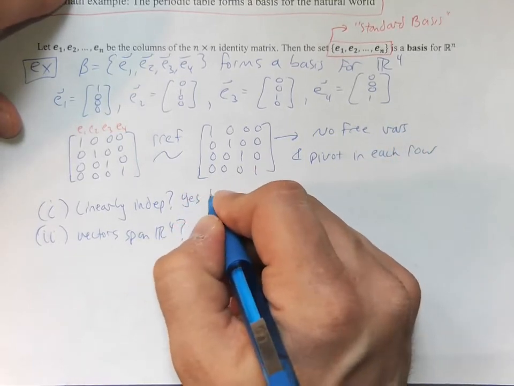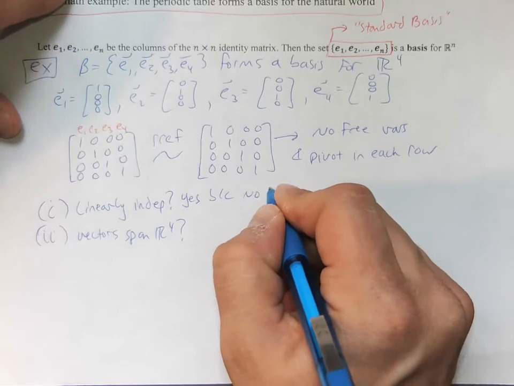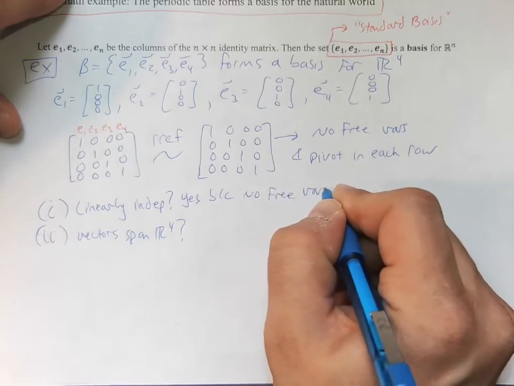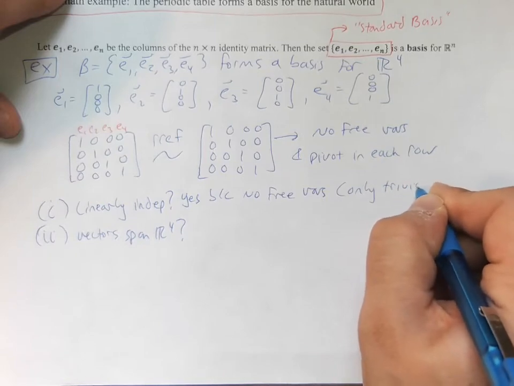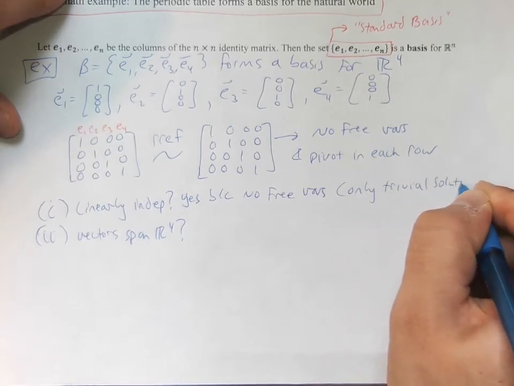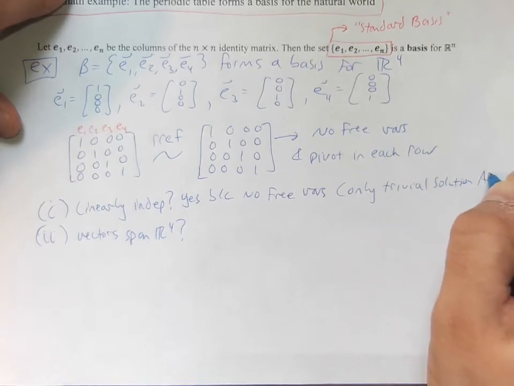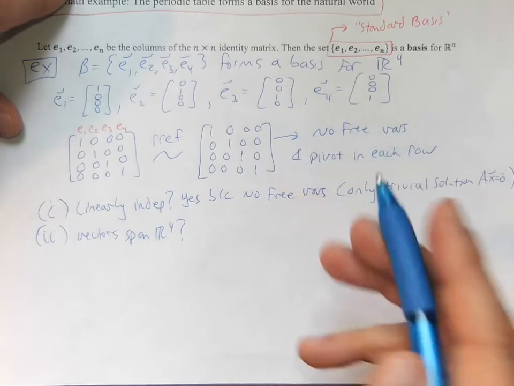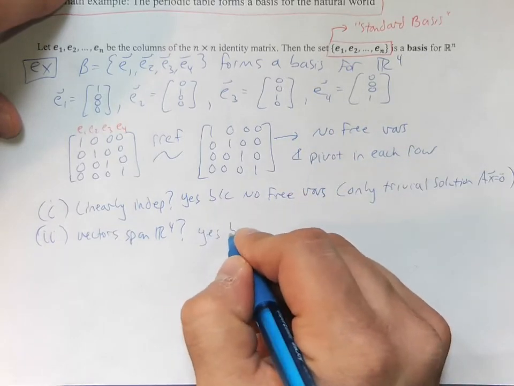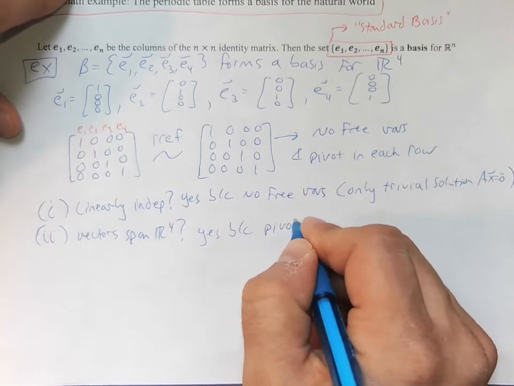So yes, because there's no free variables. In other words, we only have the trivial solution to AX equals 0. And do the vectors span R4? Well, there's a pivot in every row, so yes. So yes, because we have a pivot in each row.